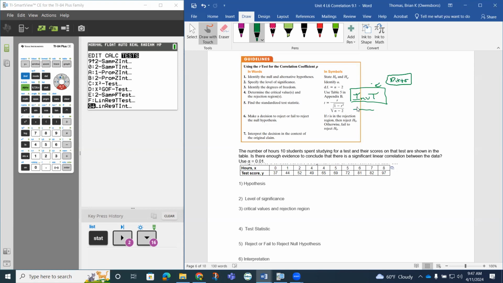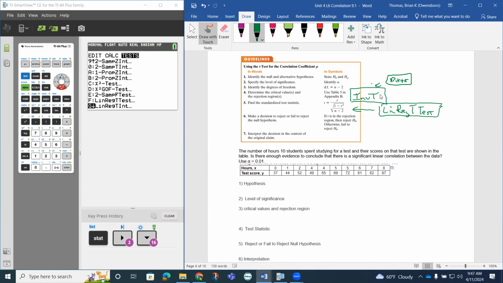And then to find the actual test statistic, that's when we're going to be using the linear regression t-test, I believe is what we said. That's going to save us some math there. So we have a few things that we have to find on our calculator or tables.